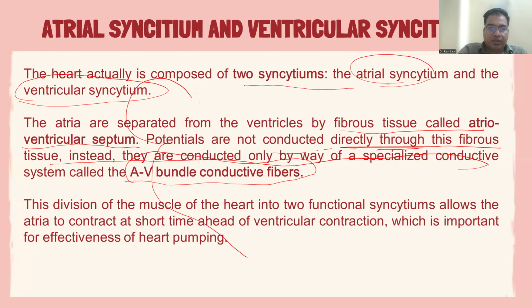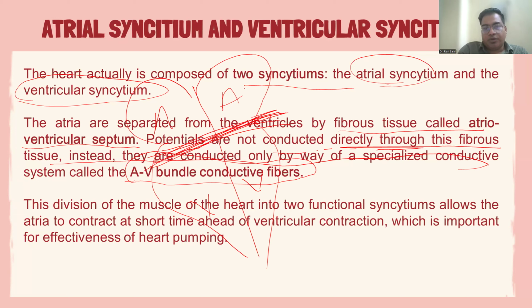So here we are dividing the heart into four chambers. These are the atria. These are the ventricles, right and left. Between the atria and ventricles, there is a septum. So the impulse generated from the SA node and spreading to the atria will not go directly to the ventricles, because the septum between the atria and ventricles doesn't allow passing of impulses.